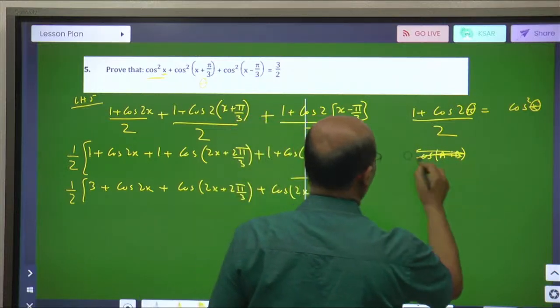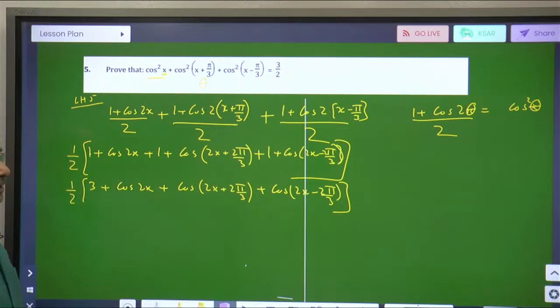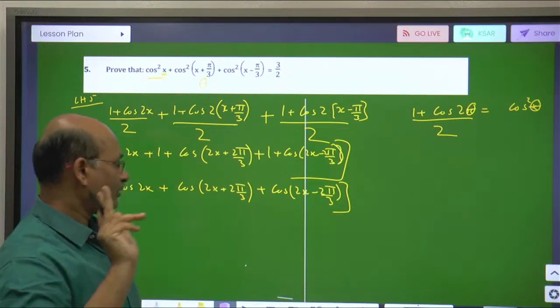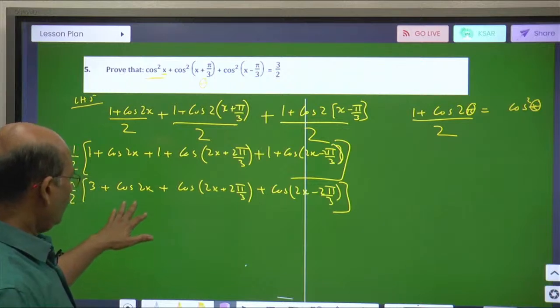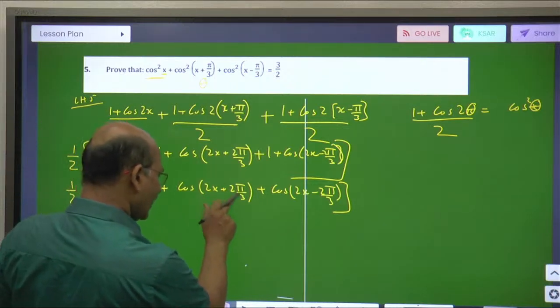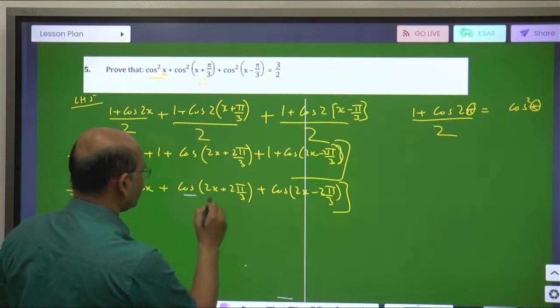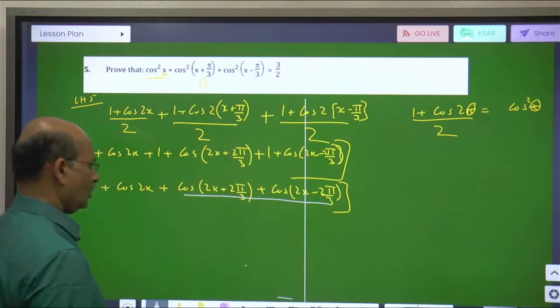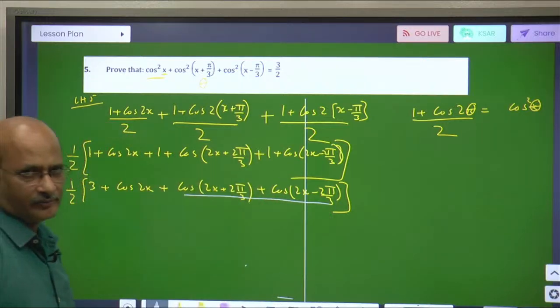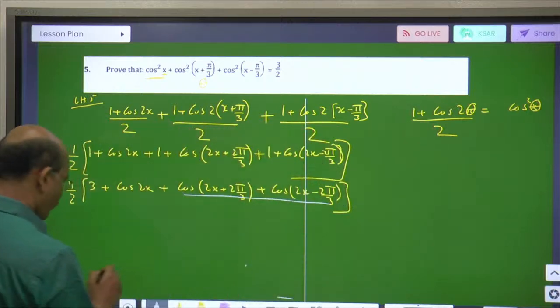Now tell me what you will do next. Now hold on. Look at this, this is a plus b, a minus b. What I will do is, for this portion, cos c plus cos d, I can apply the formula.